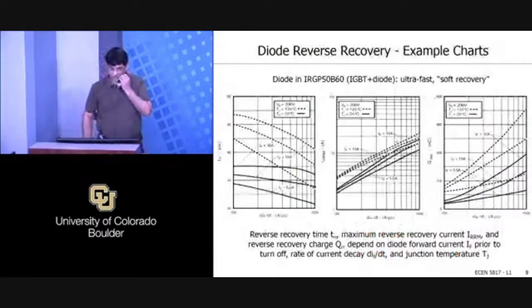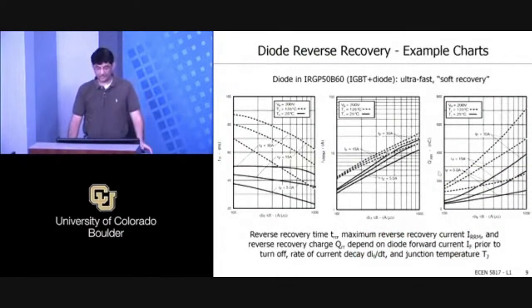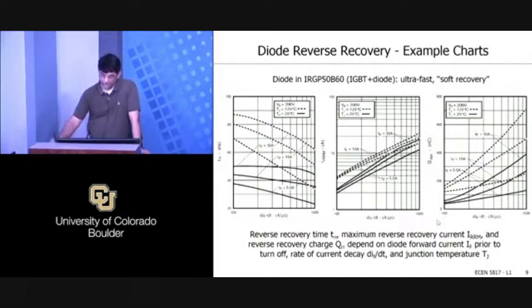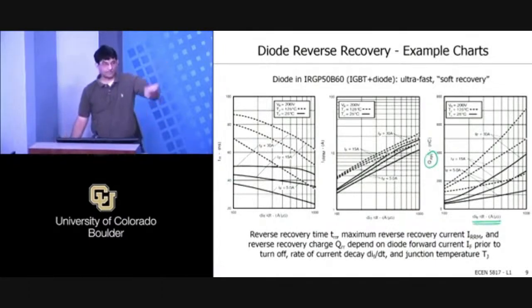So if you went to a diode data sheet, you'll find charts like this. This is just giving you an example here. And so, for example, if you look at this chart, this is plotting the reverse recovery charge as a function of, for example, the rate at which you turn the current off through the diode, this QRR varies, okay?